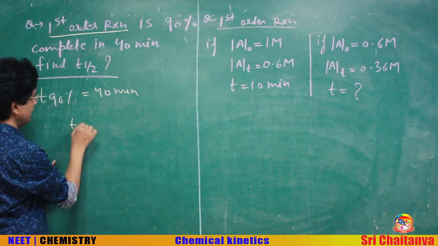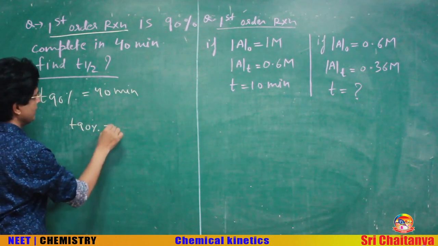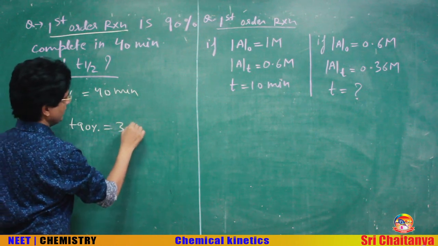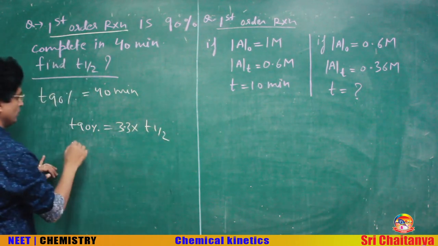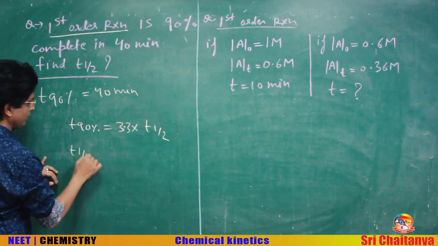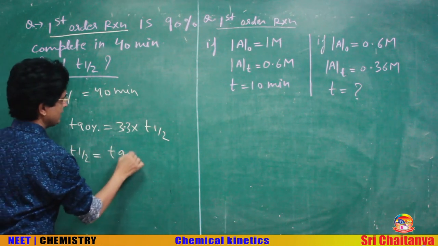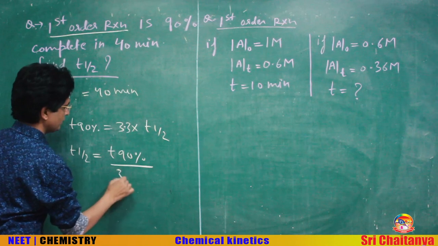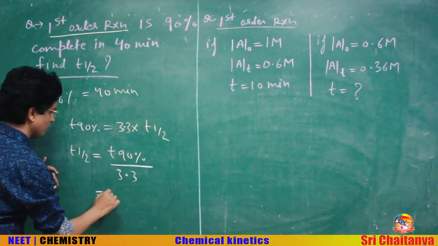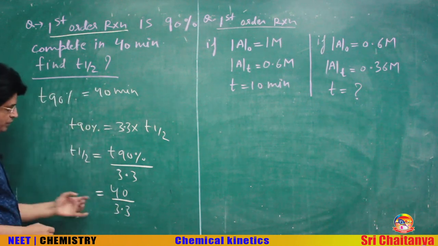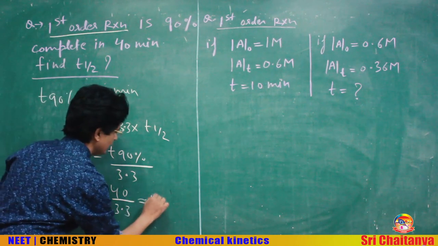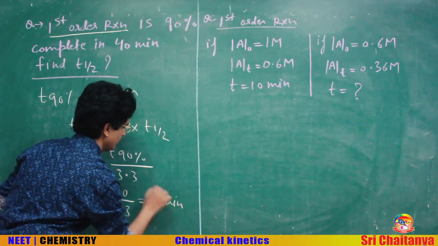You know that T 90% is equal to 3.3 into T half. So T half can be written as T 90% upon 3.3 and that will be 40 minutes upon 3.3, which will be approximately 12 minutes.